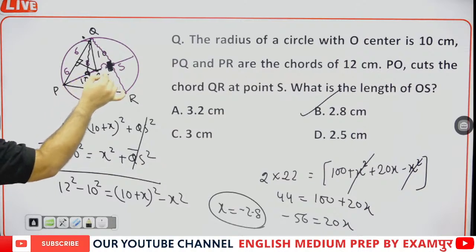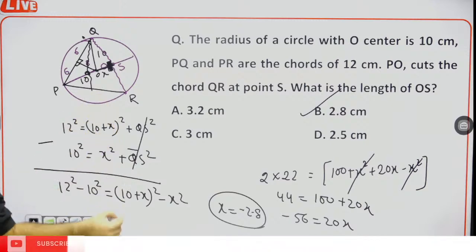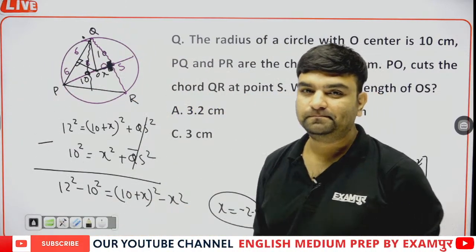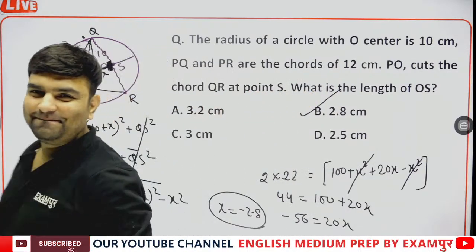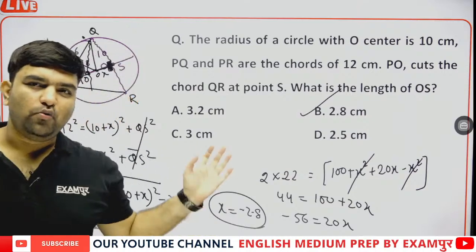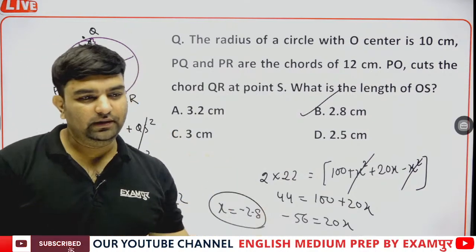So this is coming minus 2.8, then this is plus 2.8. I hope this point is absolutely clear. However, you can draw this diagram for your convenience.